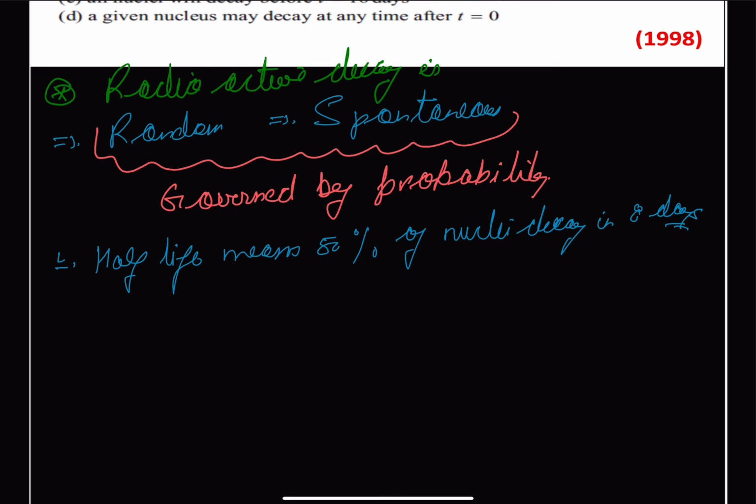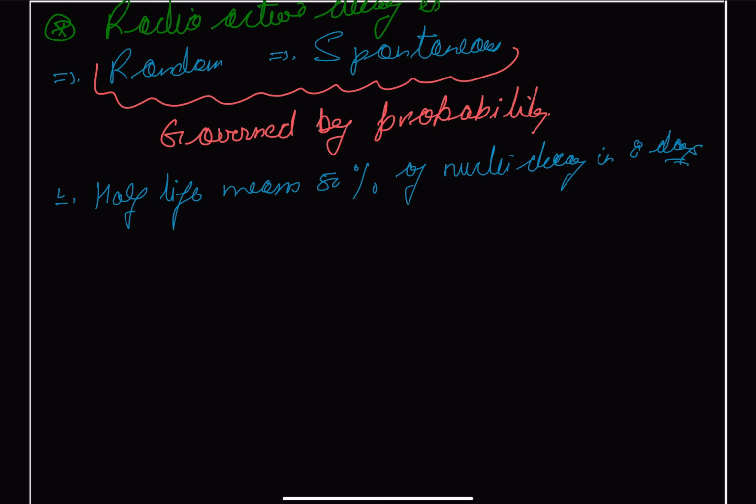And it can also be said that the individual nuclei may decay sooner or later because of this random as well as spontaneous process. So from here also we can say that individual nuclei may decay sooner or later.